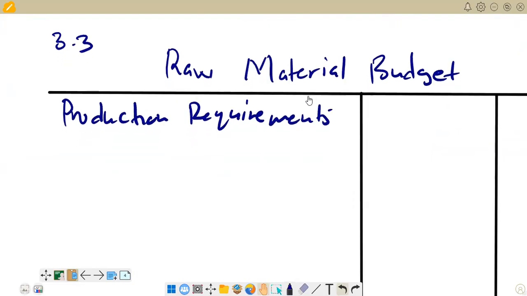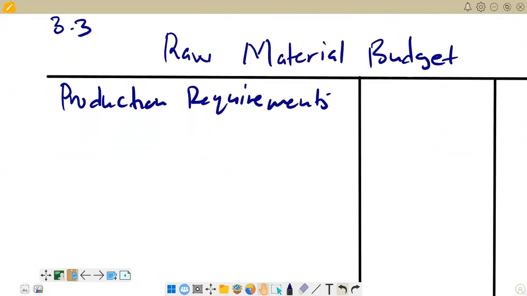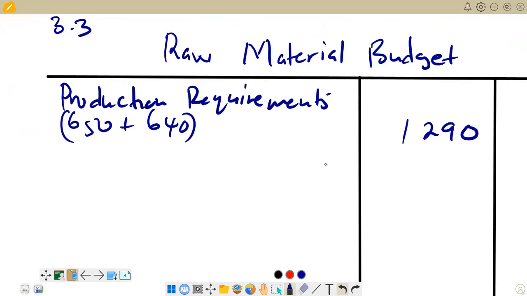In brackets here, you can summarize the calculation, 650 plus 640. So this is what we have, and then we put the total, which is 1,290.